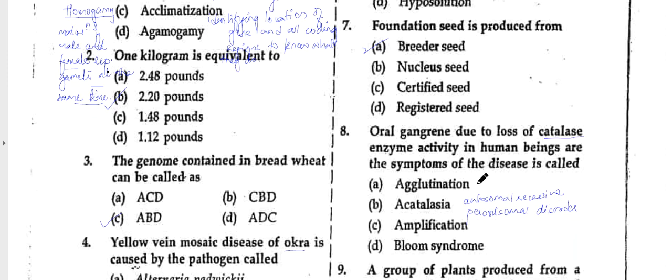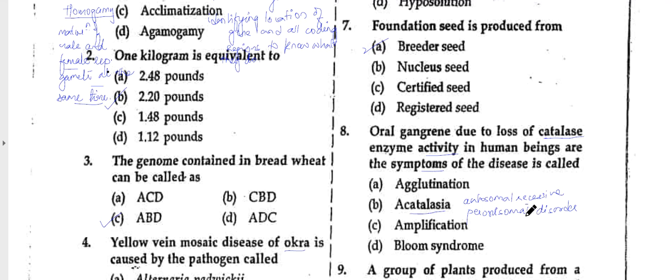Next, oral gangrene is due to the loss of catalase enzyme. This catalase enzyme is mainly responsible for breaking hydrogen peroxide to detoxify the cell. So oral gangrene is due to the loss of catalase enzyme activity in human beings. The symptom of the disease is called acatalasia, because when catalase is not there, acatalasia will be seen.